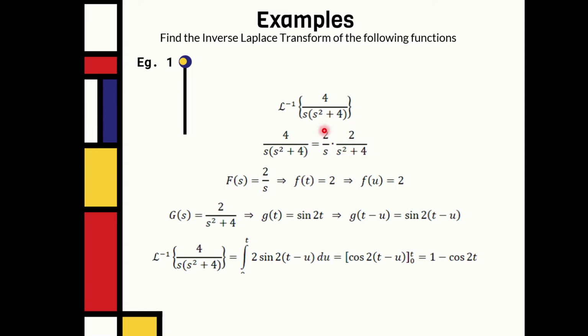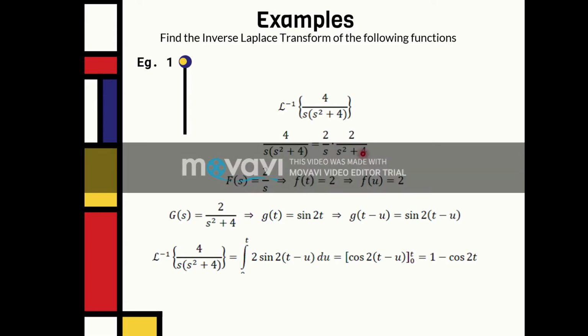Why did I choose this form? Because we know that this is 4, a equals 2, so you can simply put 2 here, so that what's left here is 2 on s.